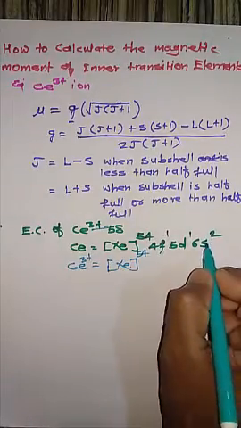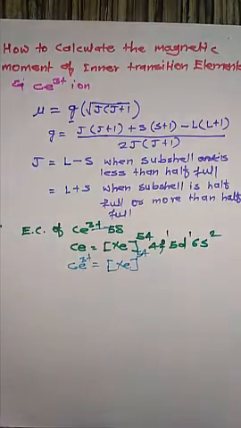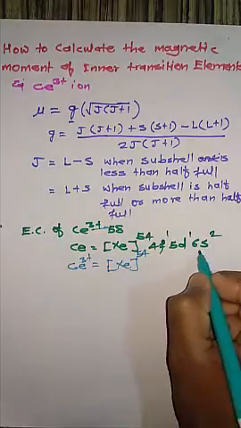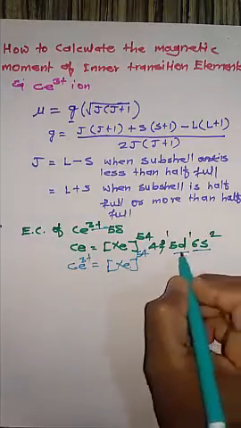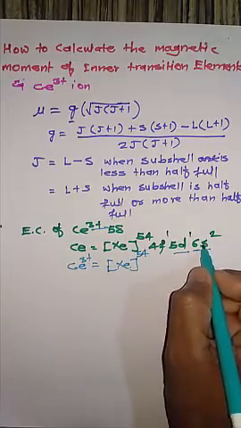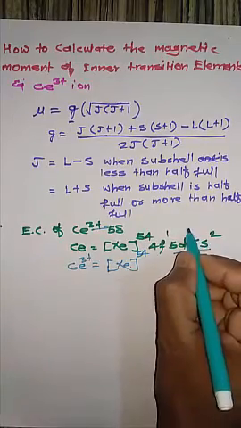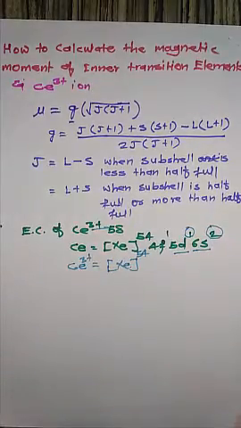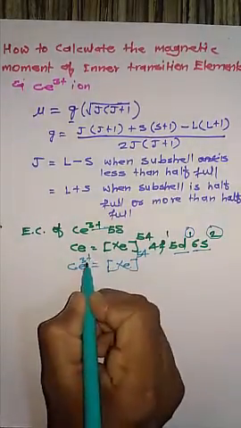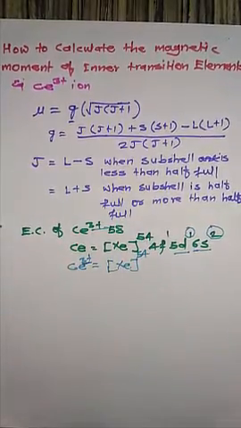It loses 3 electrons from the valence shell. The 5d and 6s are the valence shells, and these 3 electrons are lost by cerium, resulting in the 3+ ion.